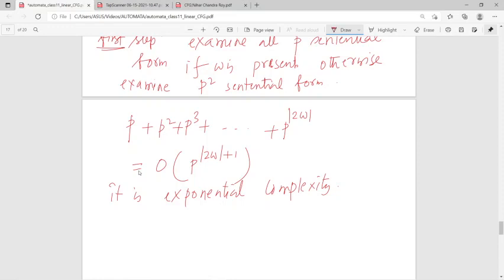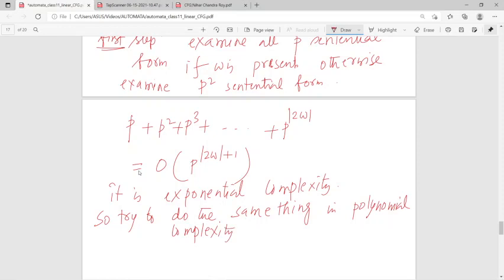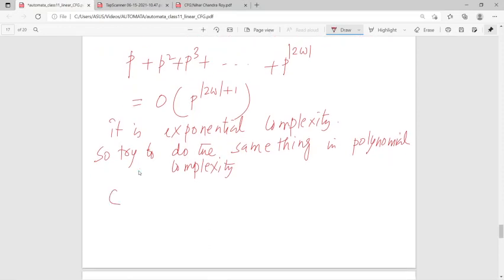So we try to do the same thing, that means whether a string belongs to the language or not, if the grammar is given in CFG form, in polynomial complexity. That can be done by using an algorithm that is one of the important algorithms for competitive exams, the CYK algorithm.